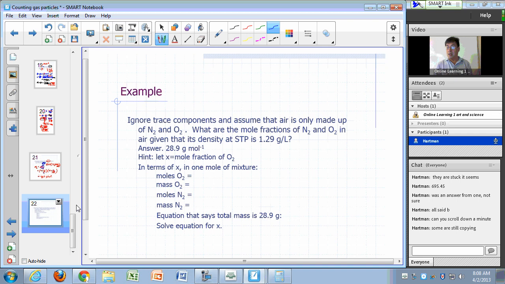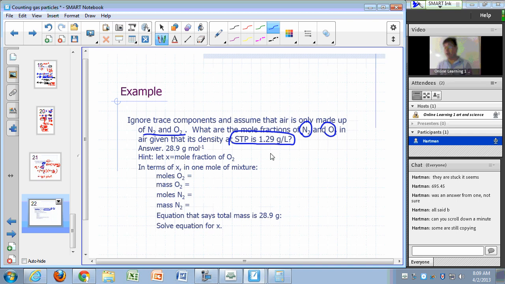Okay, so in this particular example, it says ignore trace components and assume that air is made up of only nitrogen and oxygen. And you are asked, what are the mole fractions of nitrogen and oxygen in the air, given that its density is 1.29 grams per liter? So from this 1.29 grams per liter density at STP, we can actually figure out what fraction of air is nitrogen and what fraction of it is oxygen.